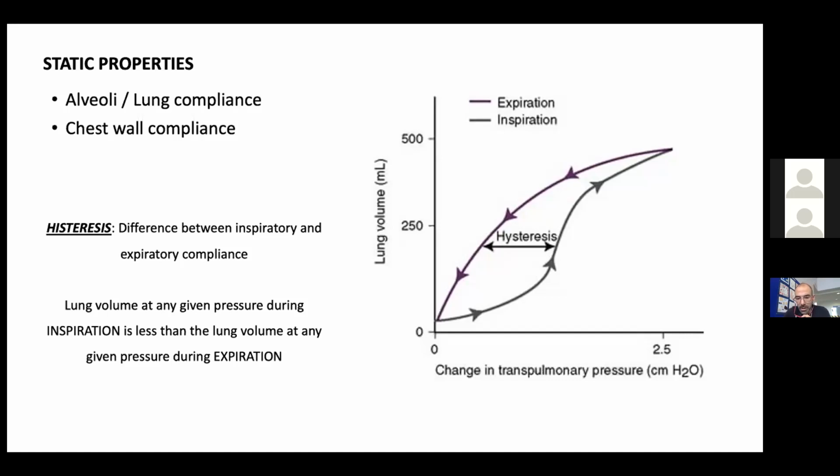And as you can see, at any given change of transmural pressure, we will have an increase in lung volume, and depending on where we are on the curve, we will have a much higher increment of lung volume or another.